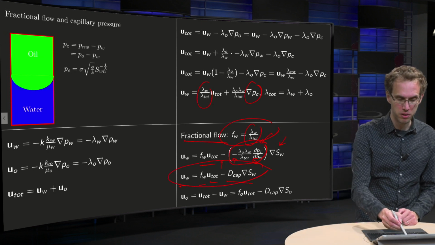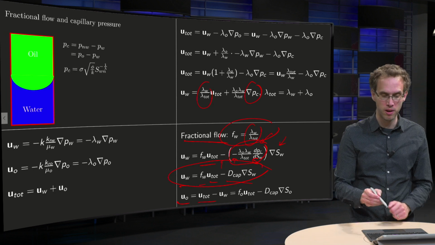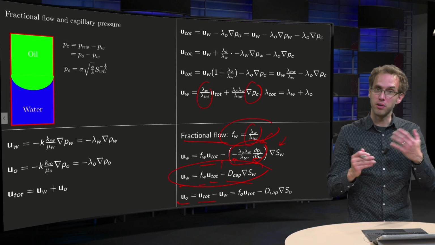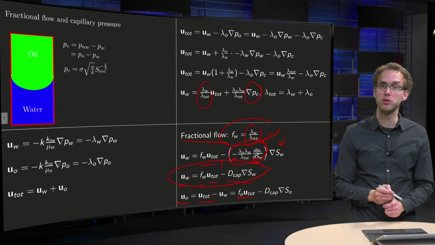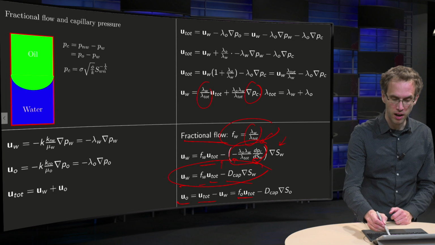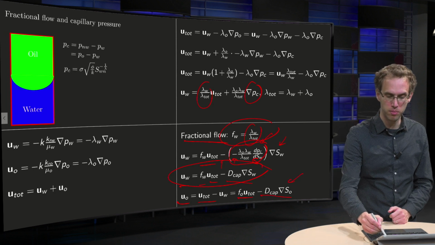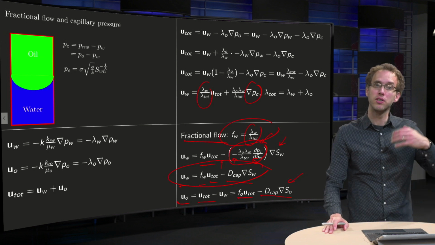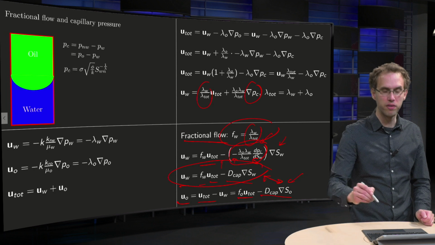In a similar way you can compute U oil, because it's of course U total minus UW, and then you use FW plus FO equals 1 to write it as FO times U total, and you use SW plus SO equals 1 to get this term over here. So in a similar way, you see the equations for UW and UO are very symmetric.